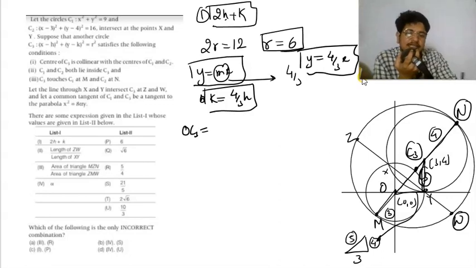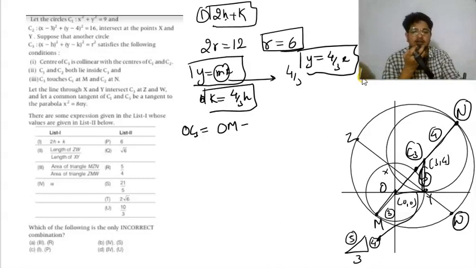Oc3 is nothing but equal to om minus mc3, and mc3 is the radius of circle c3, which can be written as 6.